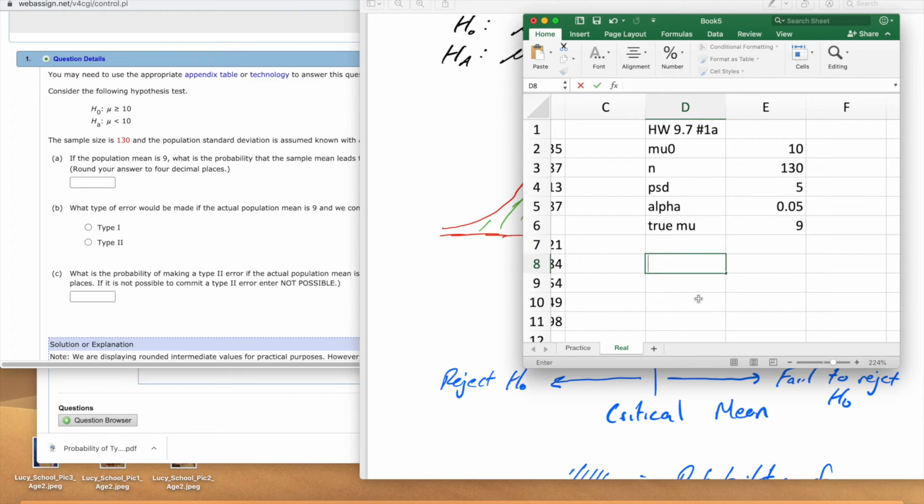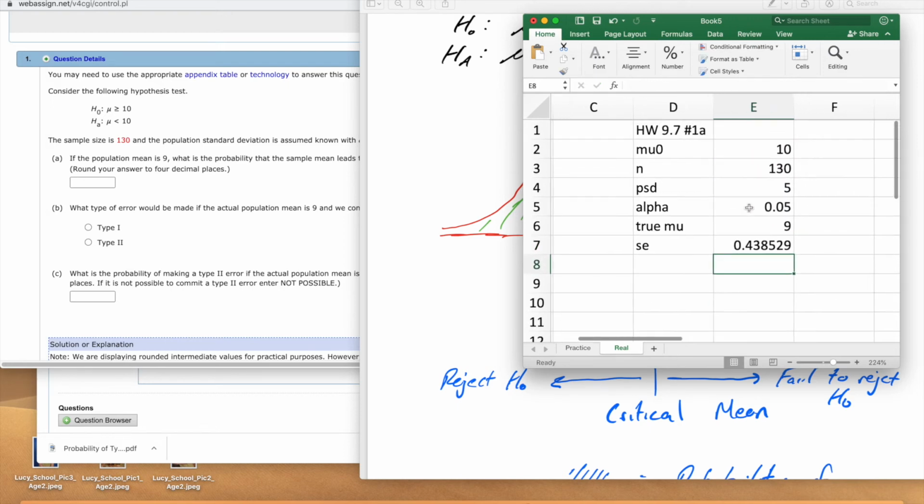For that, by the way, I'm going to need my standard error. My standard error will be the population standard deviation divided by the square root of the sample size.